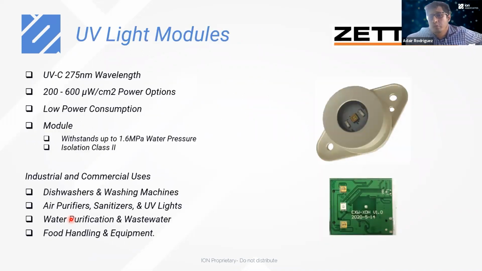When we refer to technologies that can be used for UV purification or air purification, we will find modules again. In this case, UVC light can be provided within a module, or a discrete solution for the user to put into their own system.